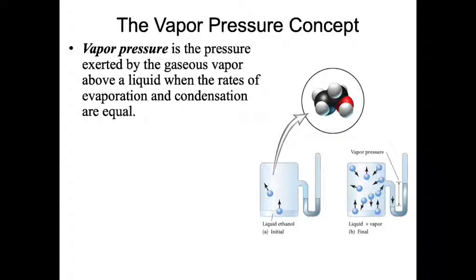We could take a closed system here, look at the two tubes, the liquid's even. That means the pressure inside this half is the same as the pressure over there, because they're both the same height. Everybody agree? What happened over here?